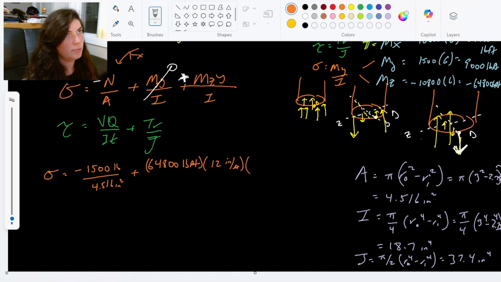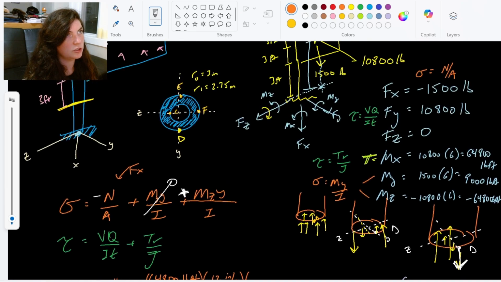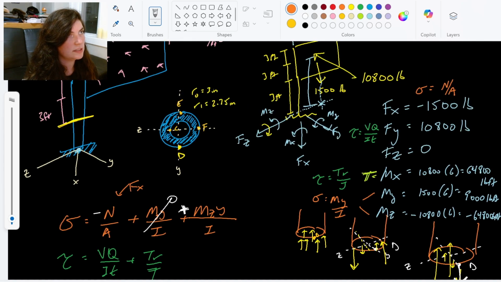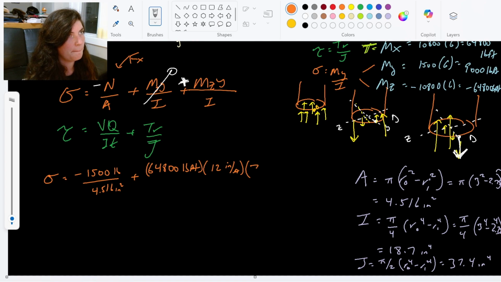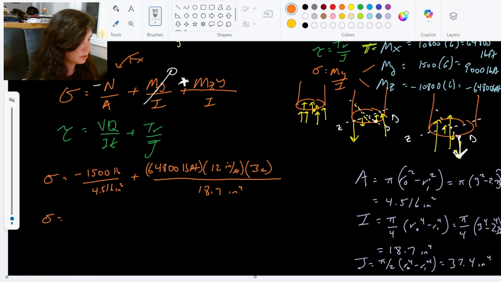And then y, my distance from centroid to the point of interest, is going to be 3 inches. It's the full radius. All over moment of inertia, 18.7. I pop that in a calculator to get my answer for normal stress, which is about 124 KSI, kips per square inch.